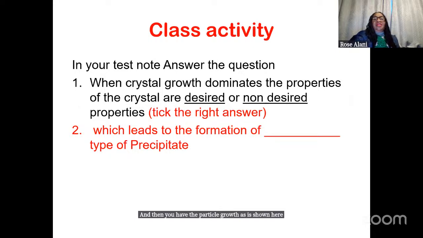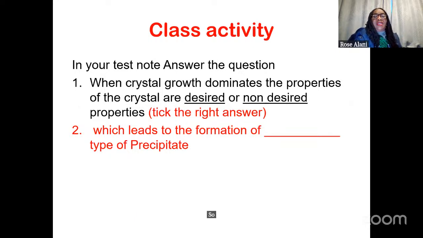So, class activity. When crystal growth dominates properties of the crystal, what do you have? Do you have desired or non-desired properties? It's very simple.